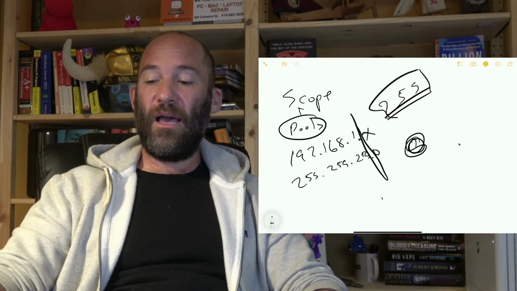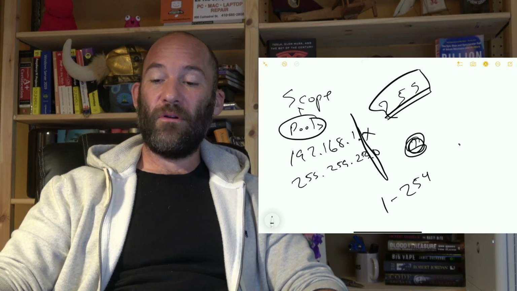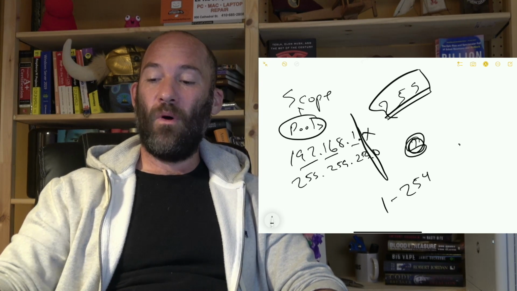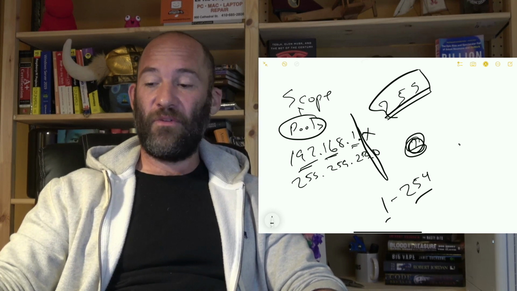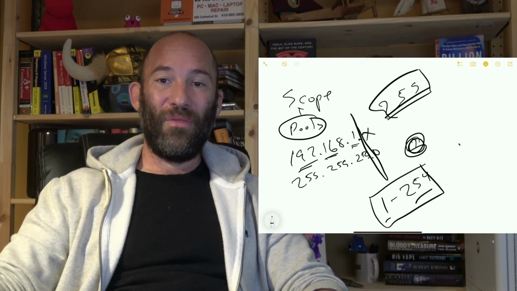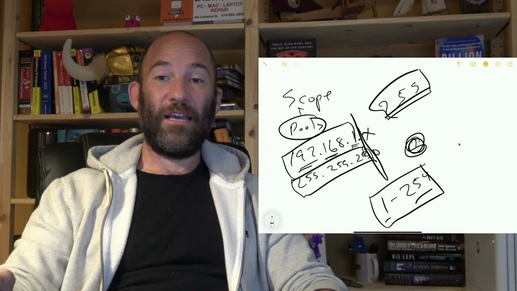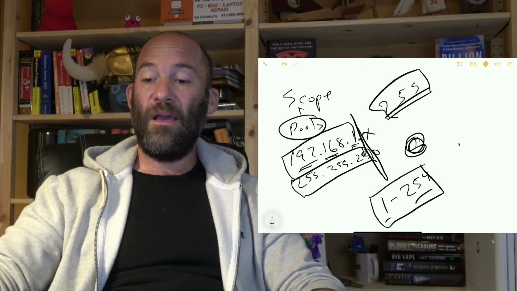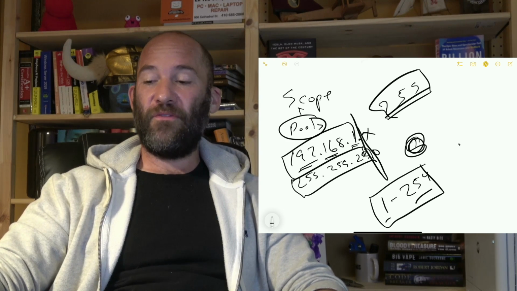And so what is left is you get IP addresses 1 to 254. So 192.168.1.1, 192.168.1.2, all the way up to 254, and these are all the addresses within this particular subnet mask for this particular network. So theoretically, within your scope, you could put 1 through 254.